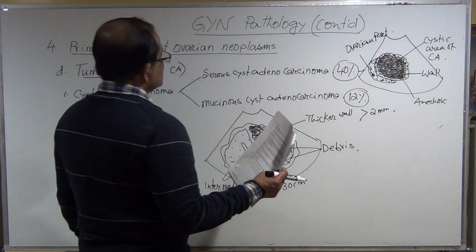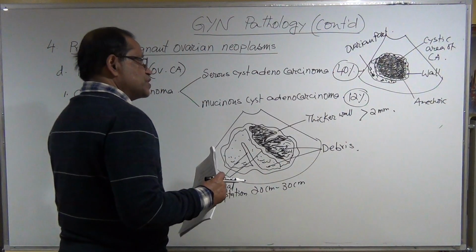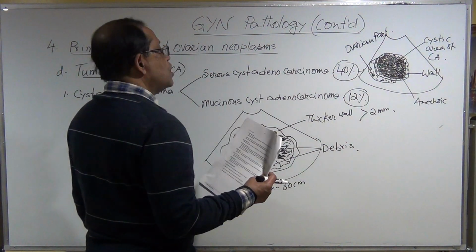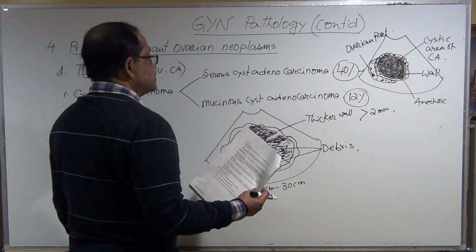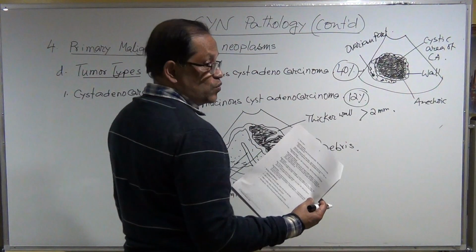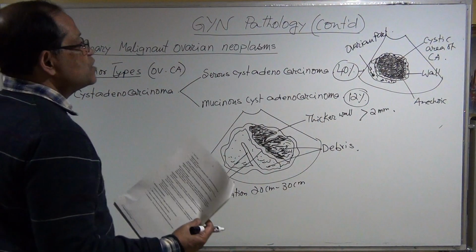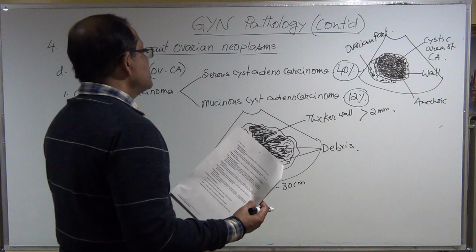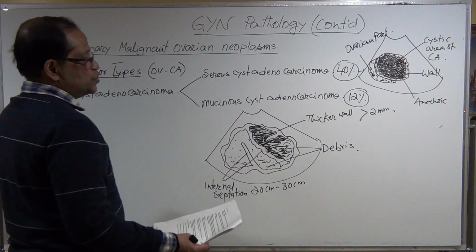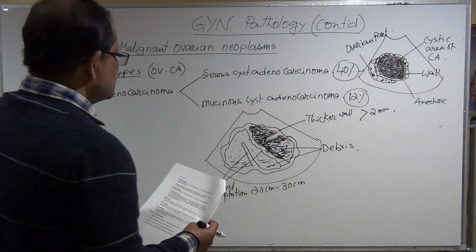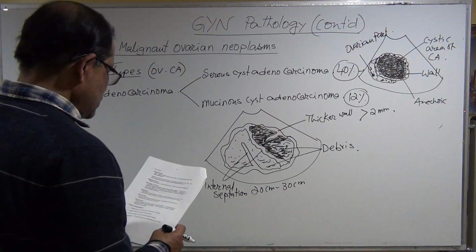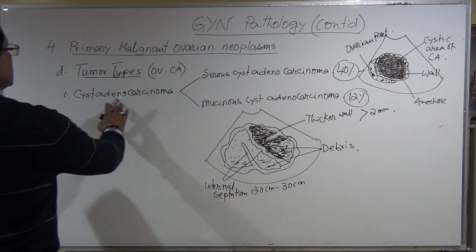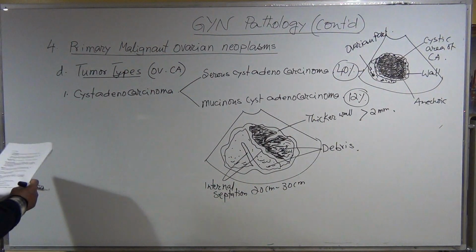Is there any septation or no septation? Is there any debris, internal echoes, or no debris, no internal echoes? And the wall thickness that we can measure, if it is less than 2 millimeter, then mostly it is serous cystadenocarcinoma. And if it is greater than 2 millimeter, it could be mucinous cystadenocarcinoma. Okay, so that's the cystadenocarcinoma. That is 2 types.